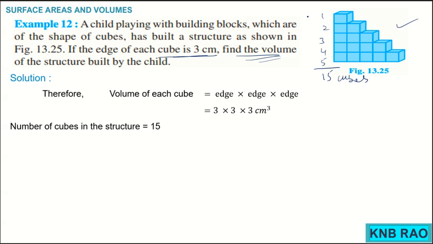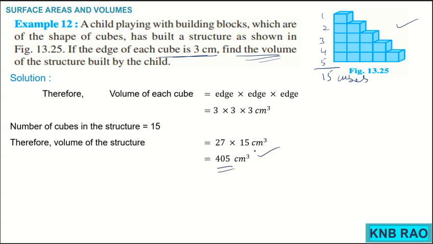Thus 15 into 27 centimeter cube will be the volume of the constructed structure, that is 405 centimeter cube. Children, with this understanding we will move on to solving the questions from the exercise 13.5.